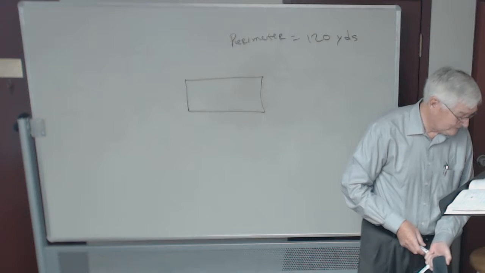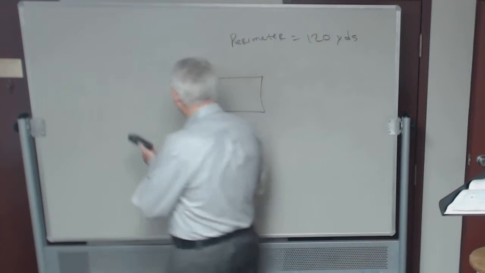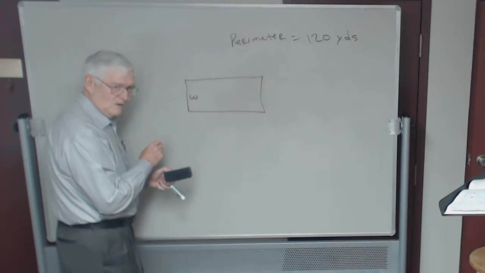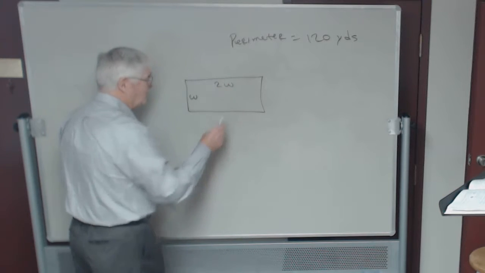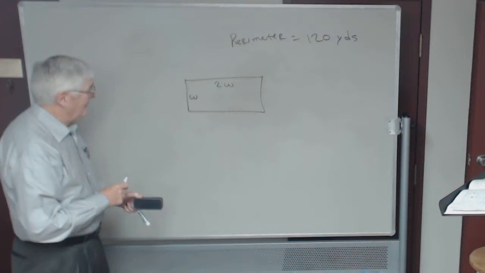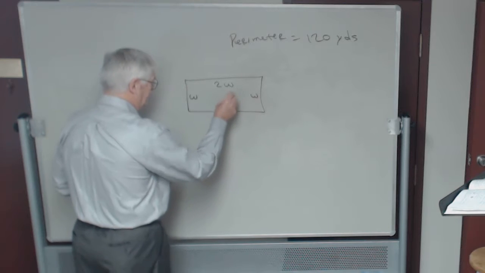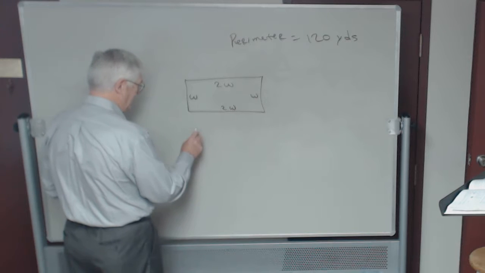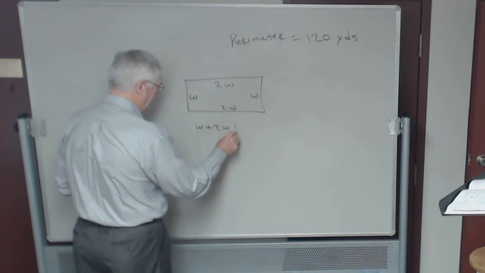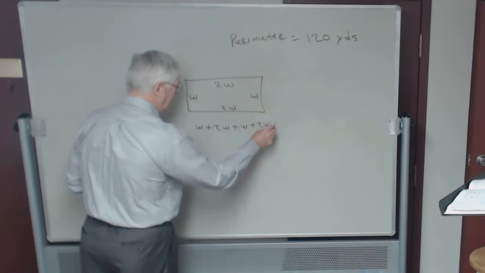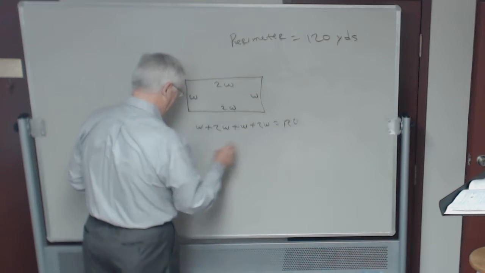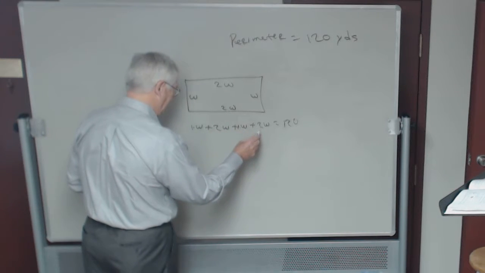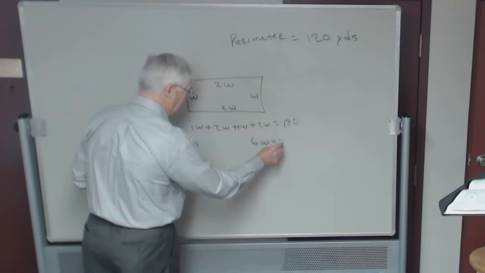And the plot is twice as long as it is wide. So if this is the width, what's the length? 2 times W? So this is W, this is W, this is 2W, and this is 2W. So what's all the way around it going to add up to be? W plus 2W plus W plus 2W equals 120. 1, 3, 4, 5, 6. 6W is 120.